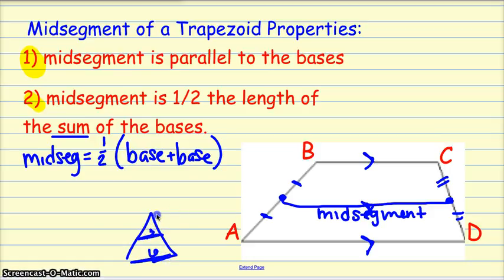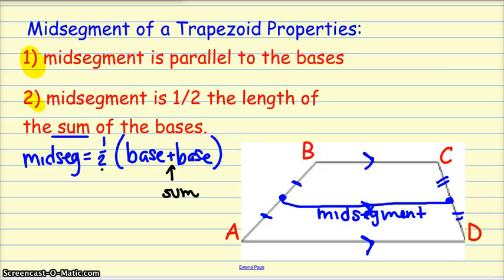Well, in a trapezoid, there's another base up here now. So it's not just half the one base, it's half the sum of the bases. So something to jot down on your paper would be this right here, that the midsegment equals half the sum, meaning addition, of the 2 bases. So the bases added up.